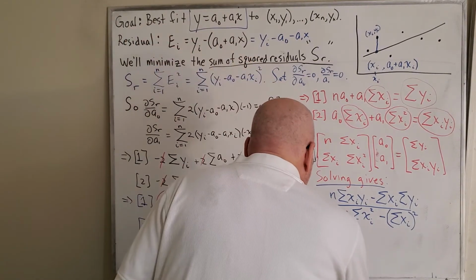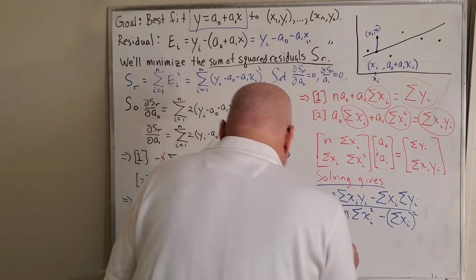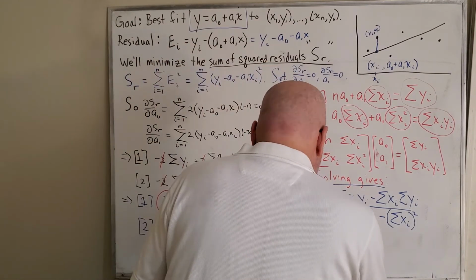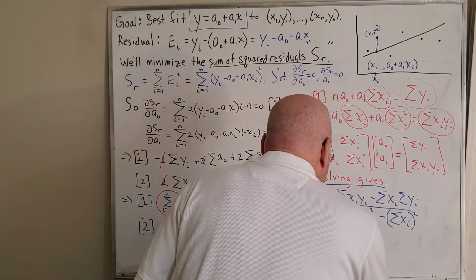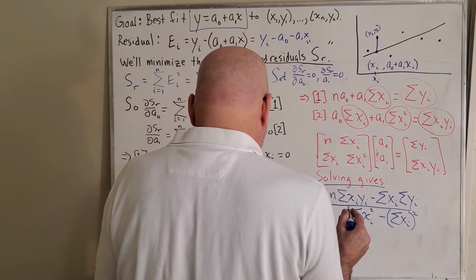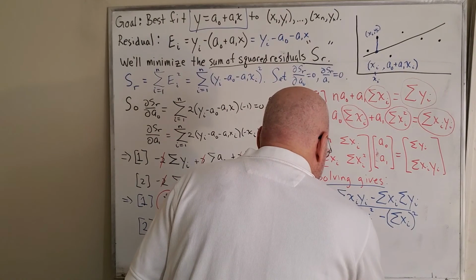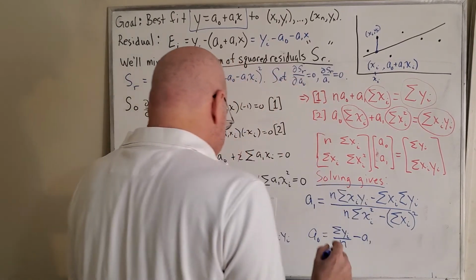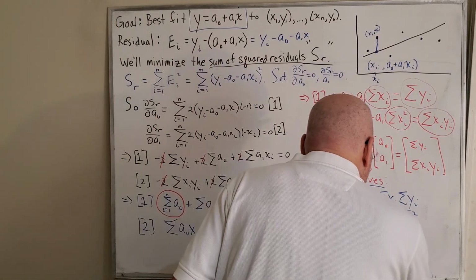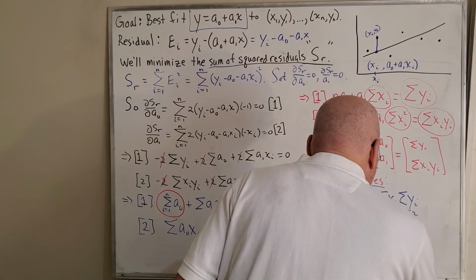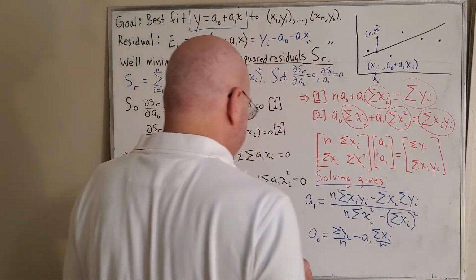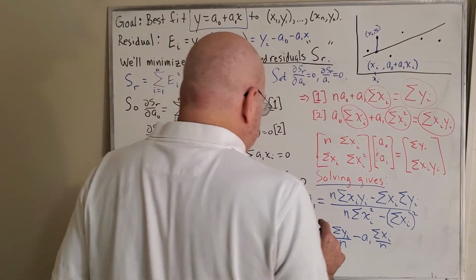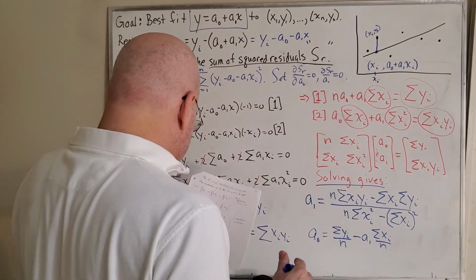And we get A0 equal to the sum of the yi's over n minus A1 times the sum of the xi's over n. And that's how we get A0 and A1.